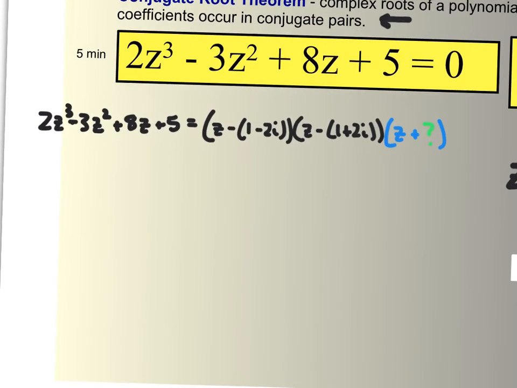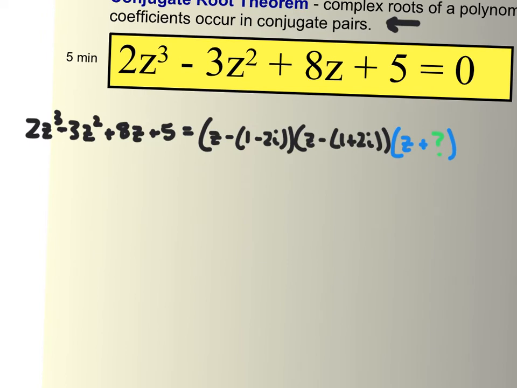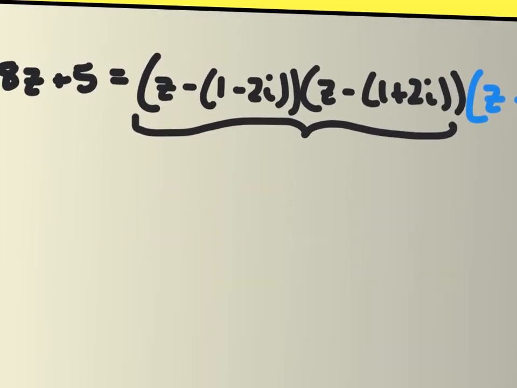Here we go. Okay, so what do I need to do? I need to FOIL these first two terms right here. And it's not as bad as it looks. So z times z is z squared. Then I got z times this term here, so that would be minus z times 1 plus 2i.